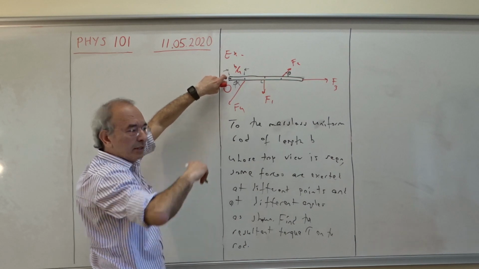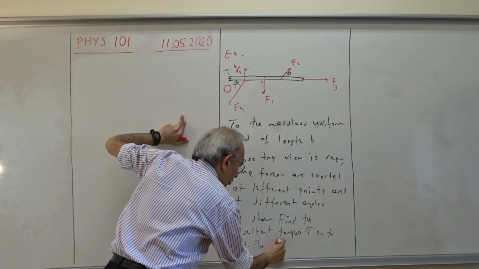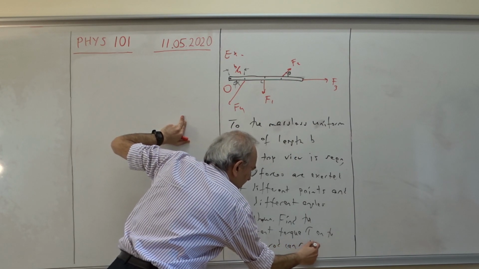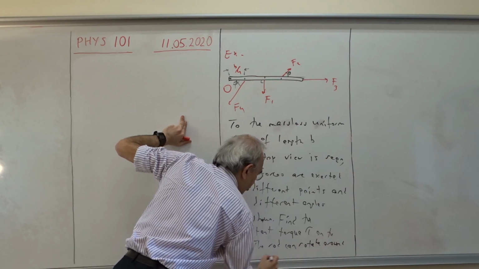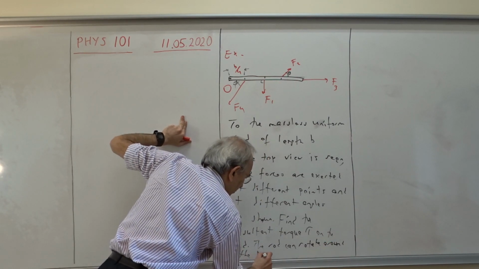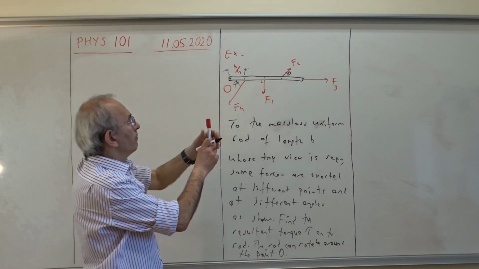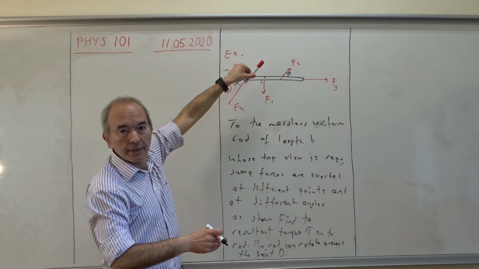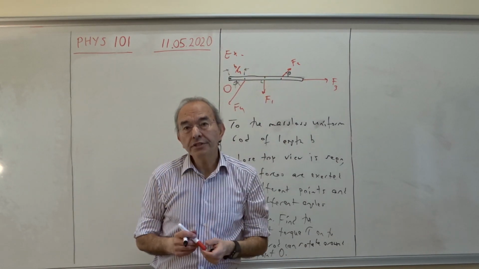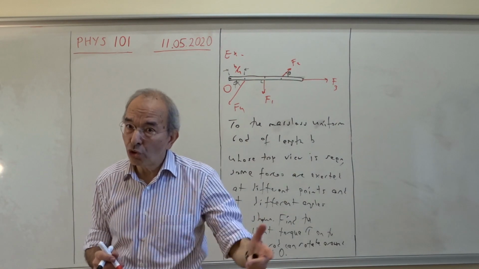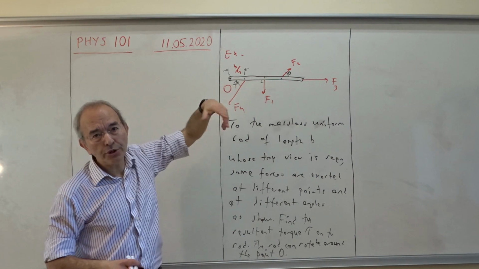The rod can rotate around the point O. So this is the fixed point, and the rod can rotate freely if forces are convenient. If there's a net torque, a resultant torque, it can rotate around point O.